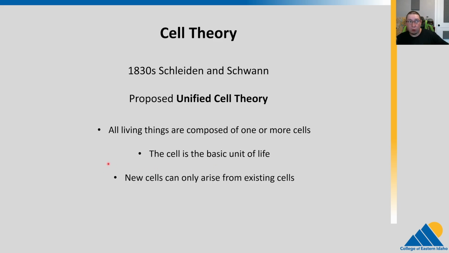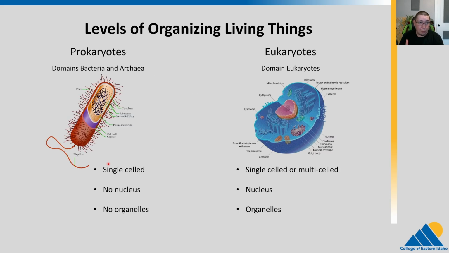There was a whole other set of experiments that led to that, basically saying spontaneous generation does not happen. Cells don't just come out of nowhere, right? We get cells from other cells. As we continued to progress, we realized that there were two broad types of cells there. Prokaryotes are bacteria and archaea. Single-celled organisms, no nucleus, no organelles.